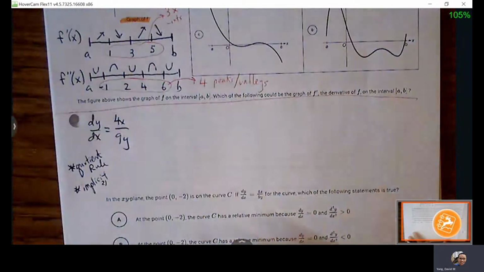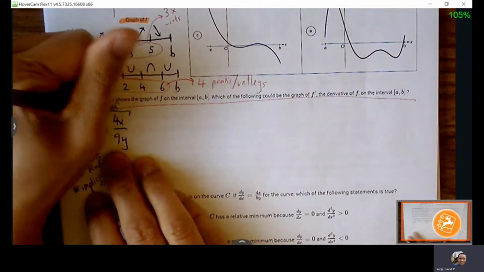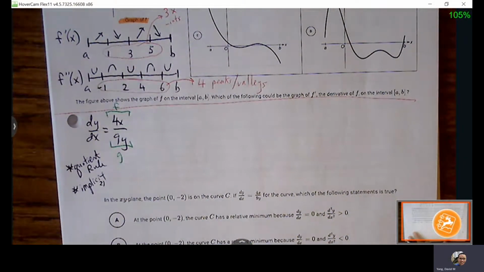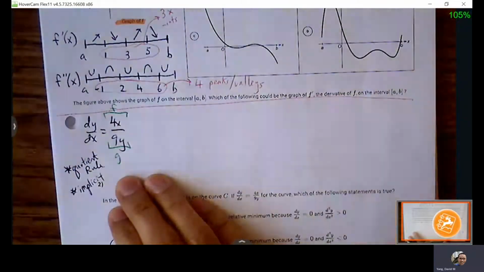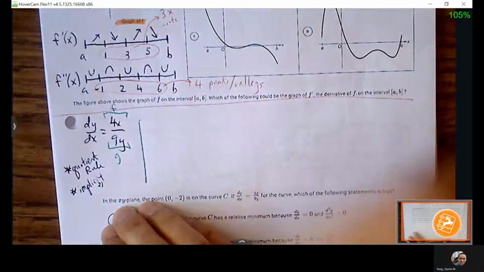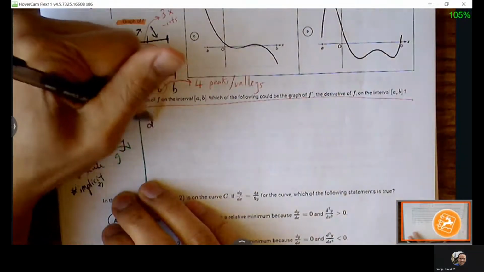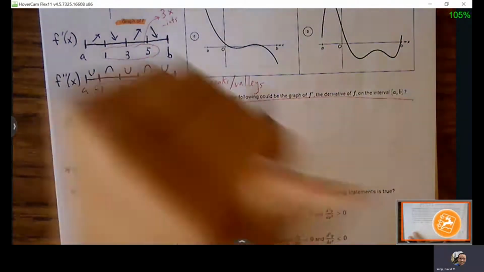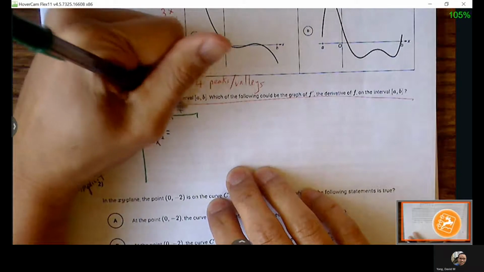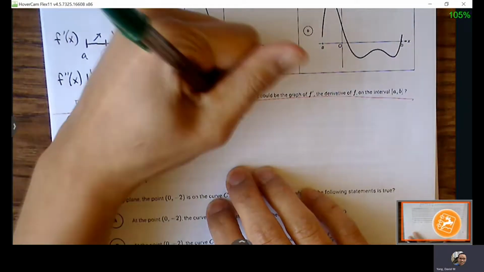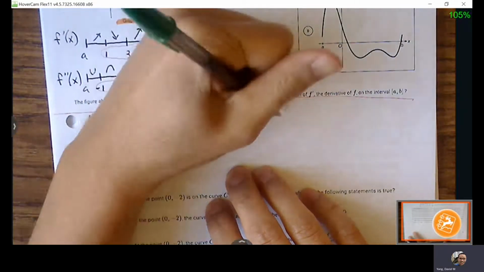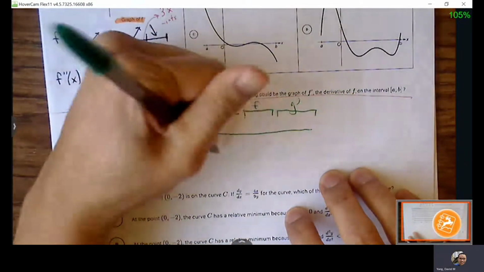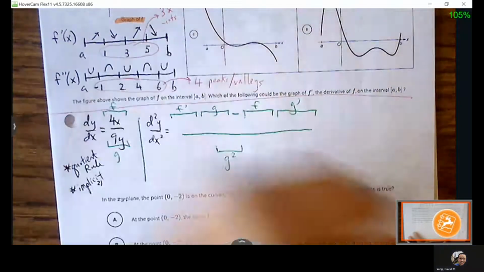Let me label what we're dealing with here. This is my f, this is my g, and now we'll go through quotient rule: f prime g minus f g prime all over g squared.